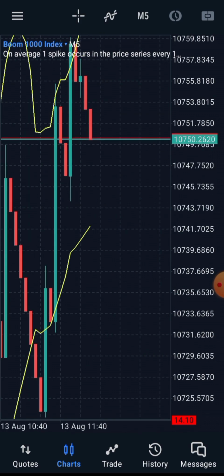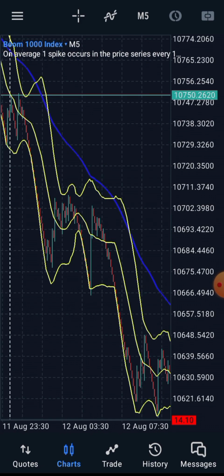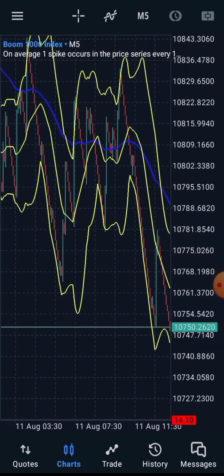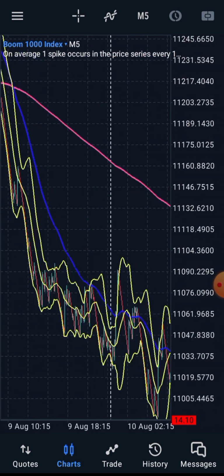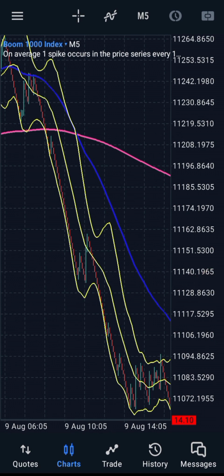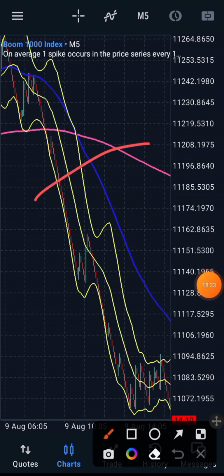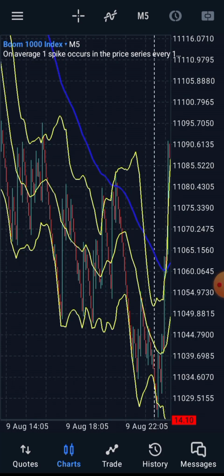Let's go to the 5 minutes and see if this thing is working or is not working. Because I know it's not going to work all the time. But see, now the market has crossed below the 700. Yeah, you see, the market has crossed below, and you see this thing happening like magic, man.